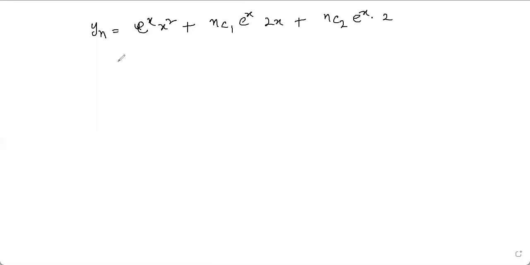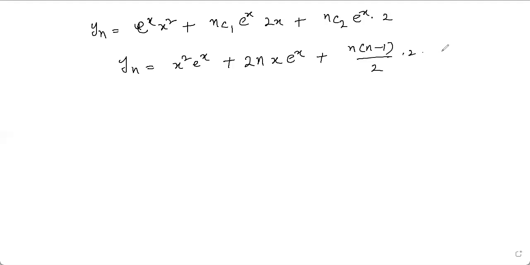You got yn. Now yn will be x square e to the power of x plus nC1 is n, so we'll take 2n into x e to the power of x, and nC2 will be n into (n minus 1) by 2 into 2 into e to the power of x. So yn is x square e to the power of x plus 2nx e to the power of x plus n into (n minus 1) e to the power of x, right?